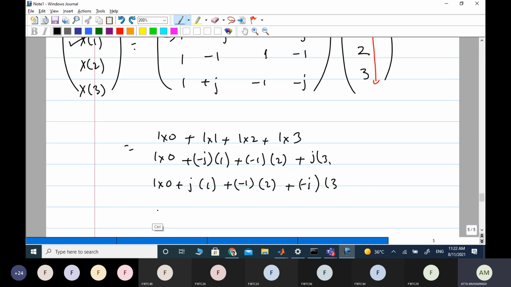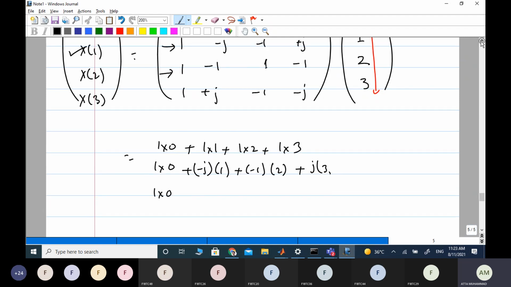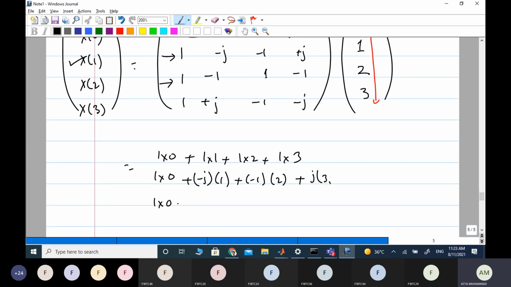No, I have made a mistake here. I have to take this row now. 1 times 0 plus minus 1 times 1 plus 1 times 2 plus minus 1 times 3.